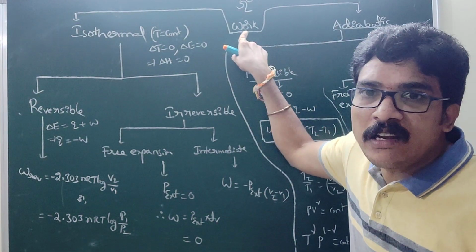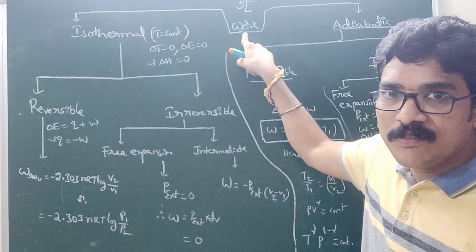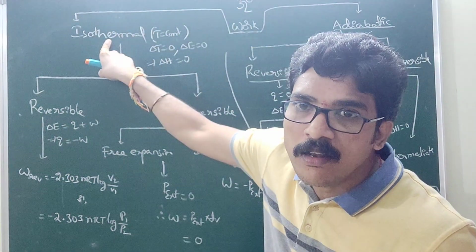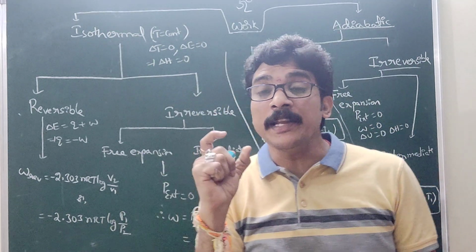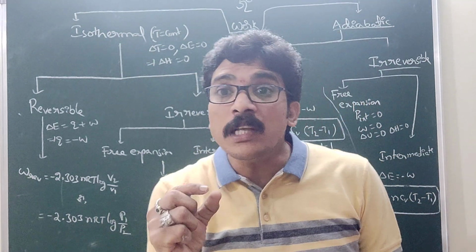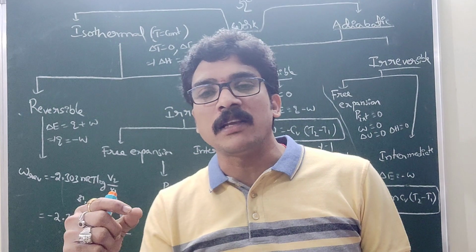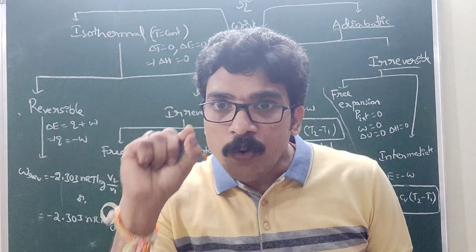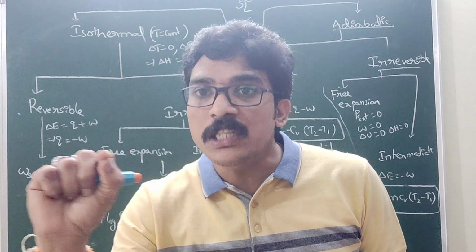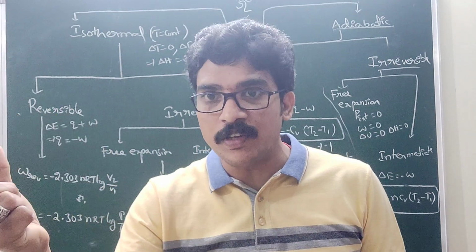Now I want to calculate work in the isothermal process. As I already explained, in isothermal or adiabatic processes, it is compulsory to focus on whether the process is reversible or irreversible.